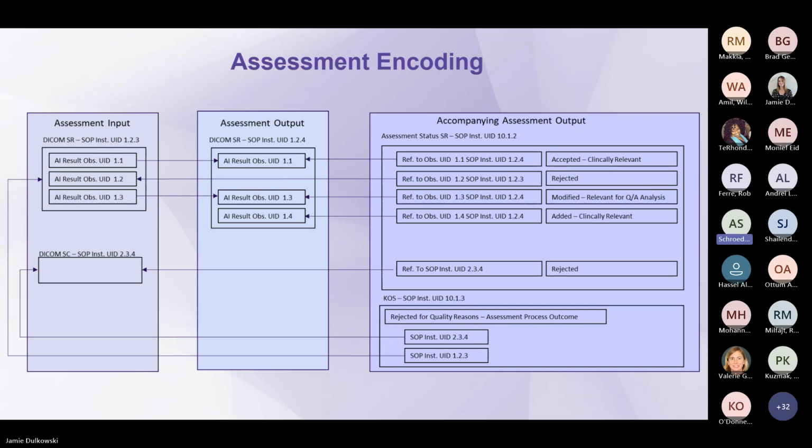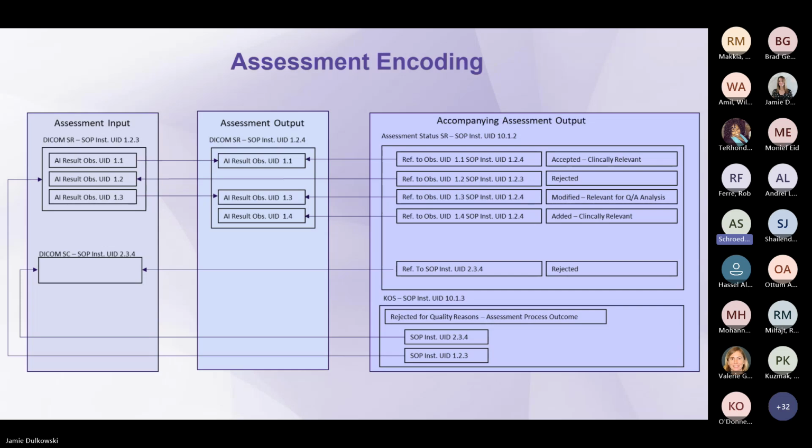The additional output steps, as I had mentioned on the previous slides, are the assessment status SR, which uses the observation UID and references into that one.